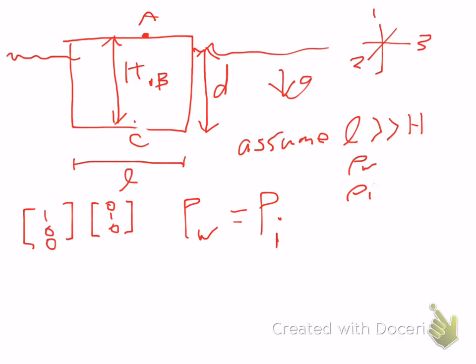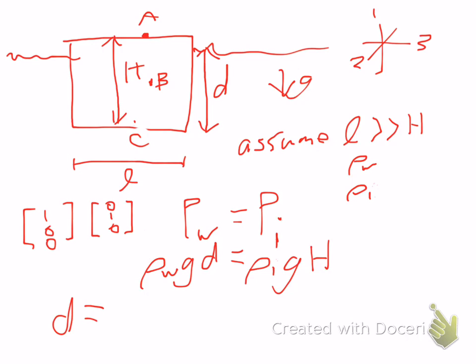So rho water g times d is equal to rho ice g times h, and we can move this around to get that d is equal to 9/10 h, because the density of ice is 900 and the density of water is 1,000 kilograms per cubic meter.